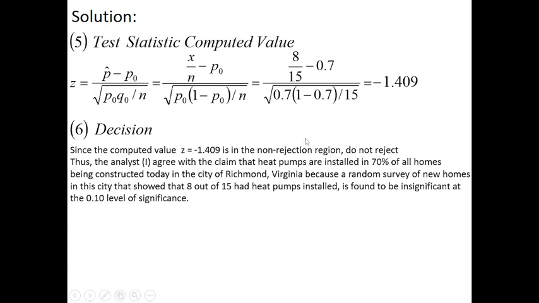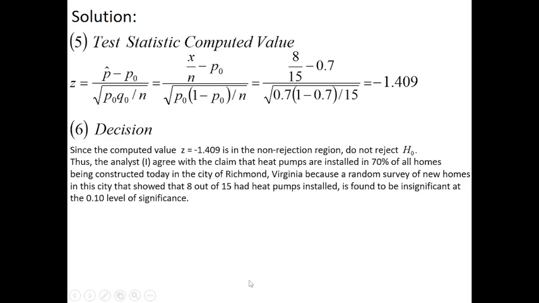Thus the analyst, that is me, agrees with the claim that heat pumps are installed in 70% of all homes being constructed today in the city of Richmond, Virginia, because a random survey of new homes in this city that showed that 8 out of 15 had heat pumps installed is found to be insignificant at the 0.10 level of significance.